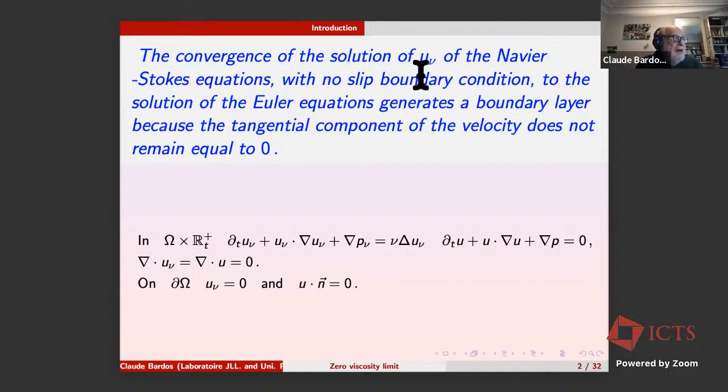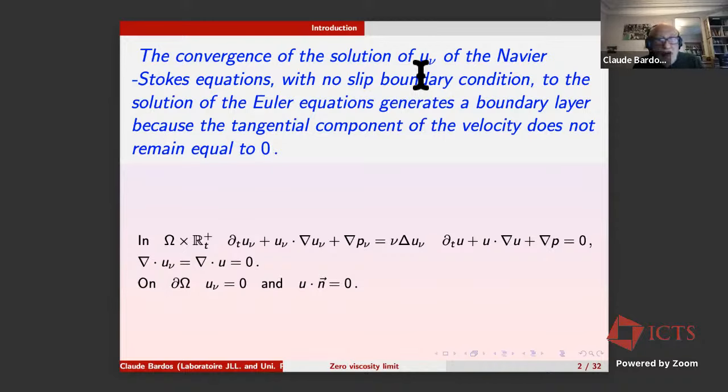So the next slide, in the bottom, you see the incompressible Navier-Stokes equation that everyone in this audience knows. And the point is that I look at a problem where the viscosity goes to zero, where the initial data is given, and there is a no-slip boundary condition.